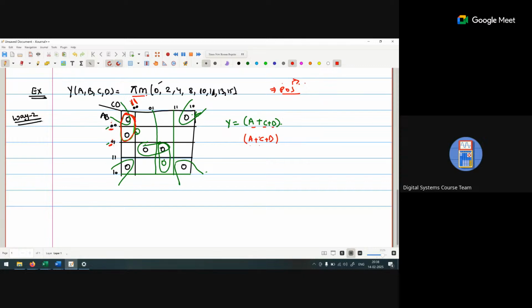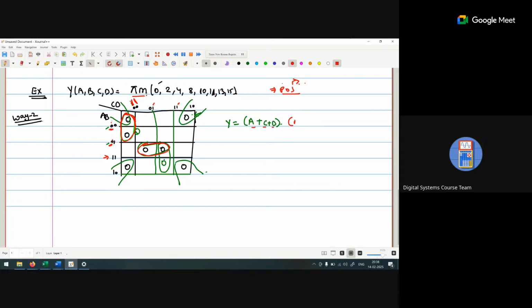Okay, I will do one more particular term. I think that will be clear. Now I am taking this particular group. For this group, the row index is the same, and if you go for the column index, the second index is also the same. So which variables are available?